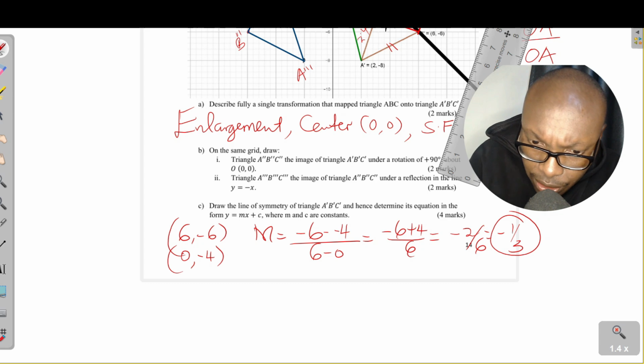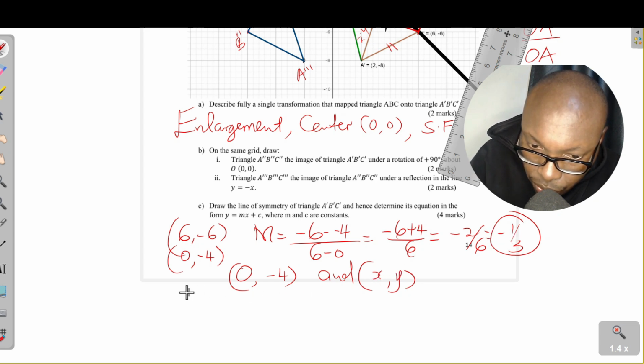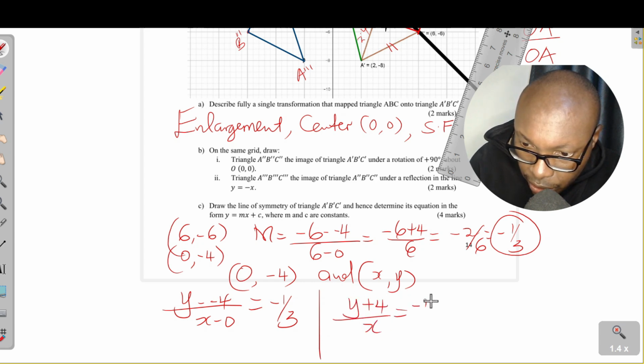Now having the gradient, I can simply use (0, -4) and introduce another general point on that line, (x, y). So I have the gradient, negative a third. So change in y, y subtract negative 4, divided by change in x, x subtract 0, is equal to negative a third.